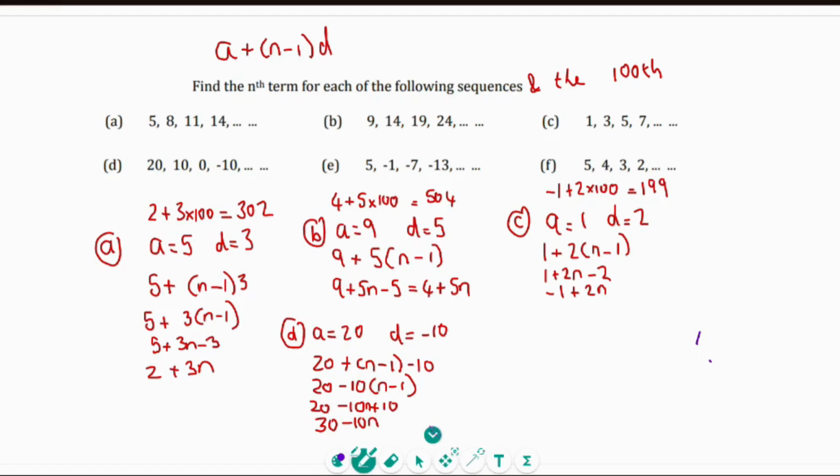And the 100th term, we're replacing n for 100. So 30 minus 10 times 100, minus 970.